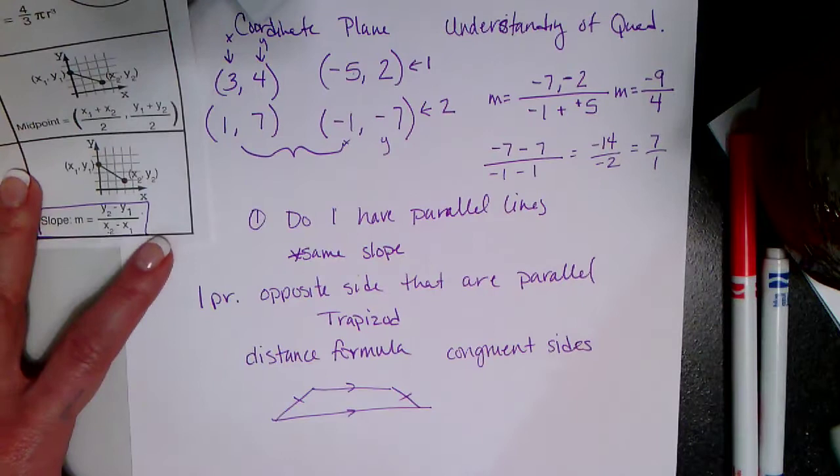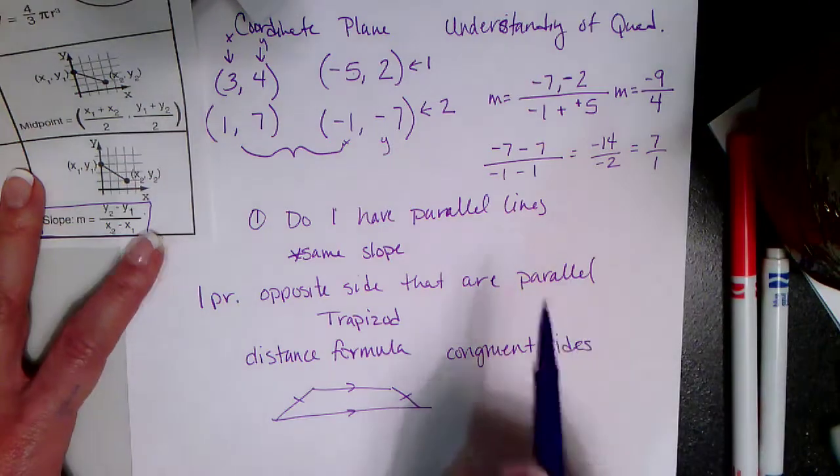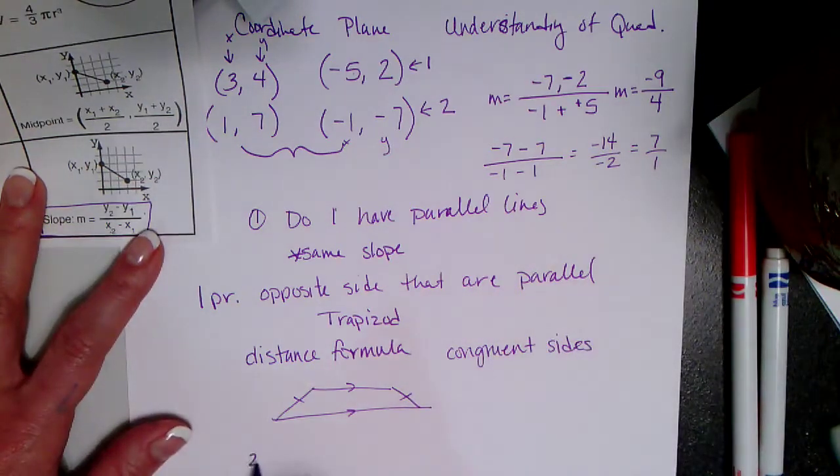Okay. If I did have parallel lines, how can I tell if I have either a square or a rectangle? That's where this slope is still really important, because we need to know, are there any right angles?